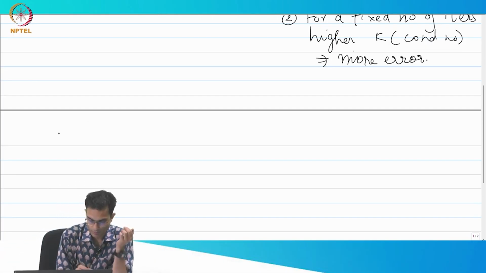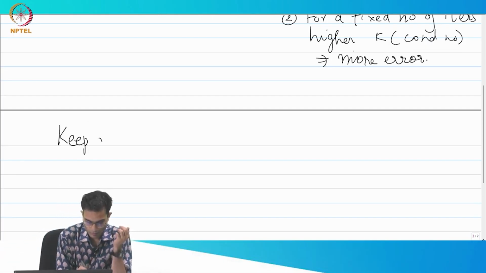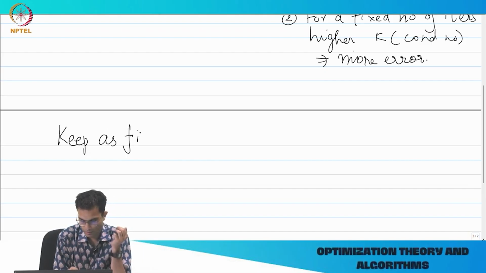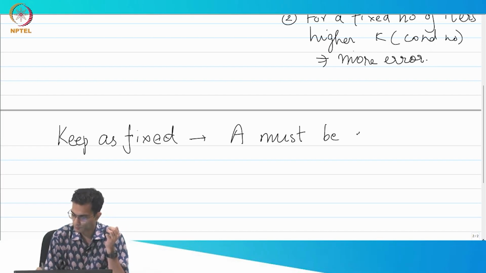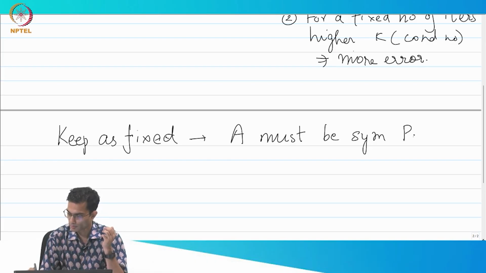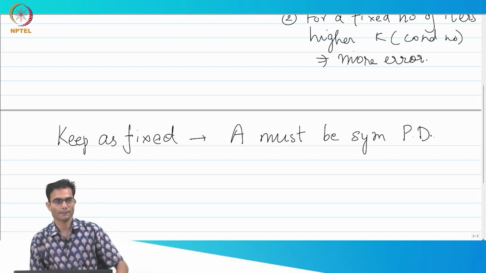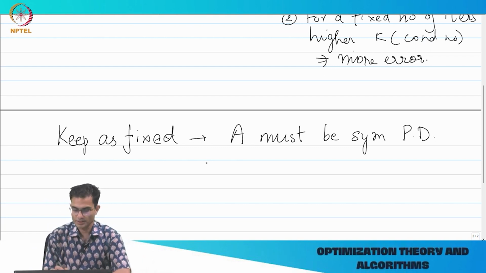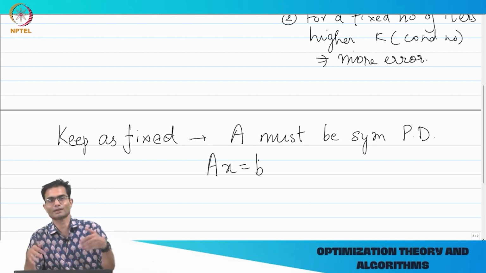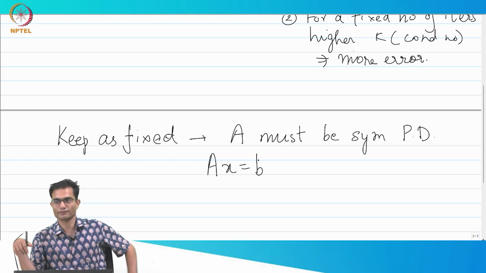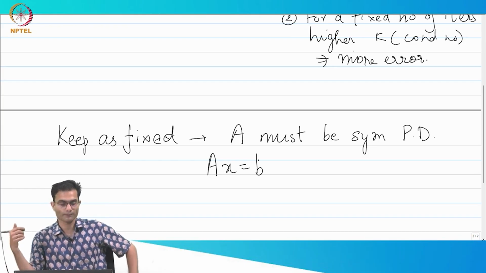So I am going to keep this fixed: A must be symmetric positive definite. Remember, for CG, what was I trying to solve? Ax is equal to b, and we wrote that neatly as an objective function, as a quadratic form.